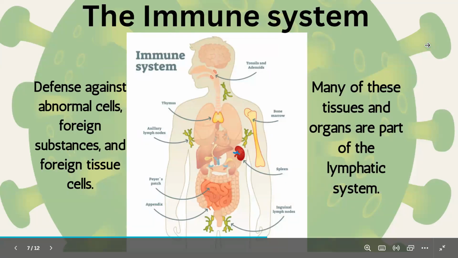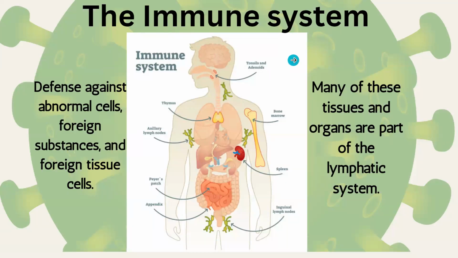Okay, so our immune system is made up of multiple portions and responses. So this again highlights some of the organs of the immune system. So again, you see your tonsils and adenoids, the thymus gland, our spleen, the Peyer's patches. Your appendix is technically a part of your immune system, although it doesn't perform a super vital function.